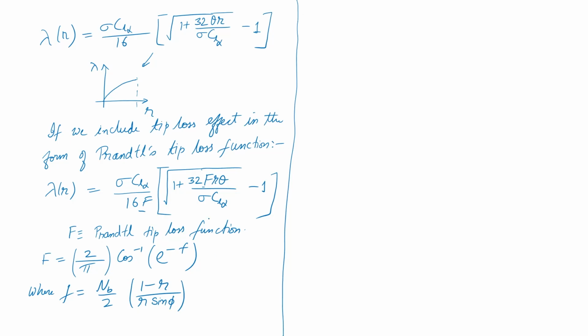So, let us define all the parameters. So, this is how it is. I have a capital F and this capital F is defined by this parameter, which in turn is defined by small f, which has number of blades and your phi as the functions.